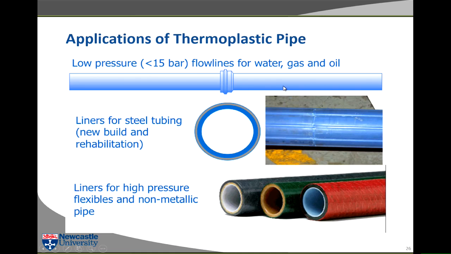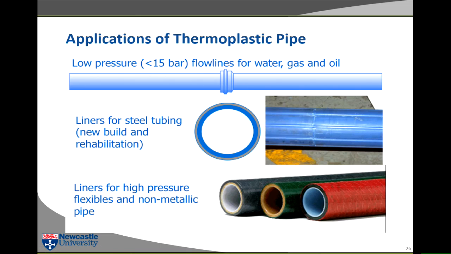So, flow lines: low pressure, less than 15 bar flow lines for water, gas and oil and various mixtures. A very important application, which I'm going to deal with not mainly today but next time, is liners for tubing.